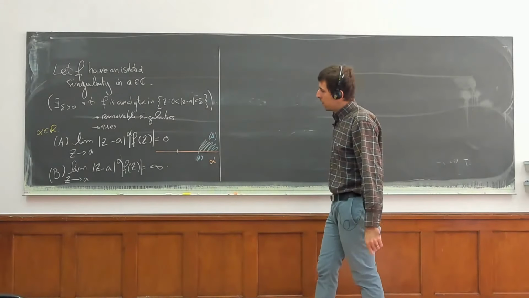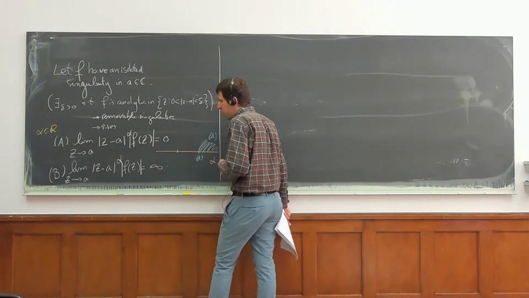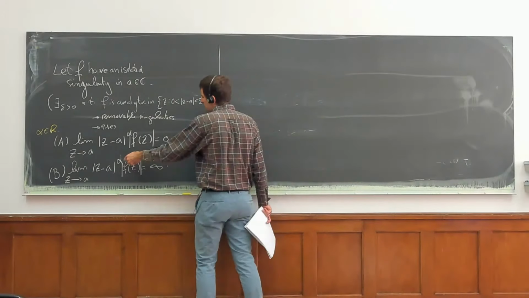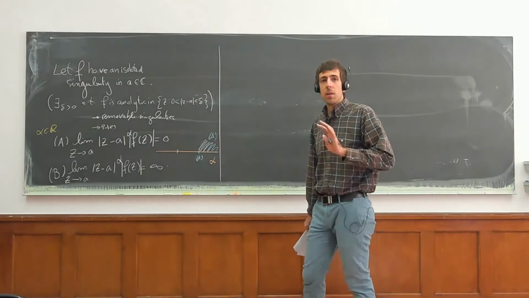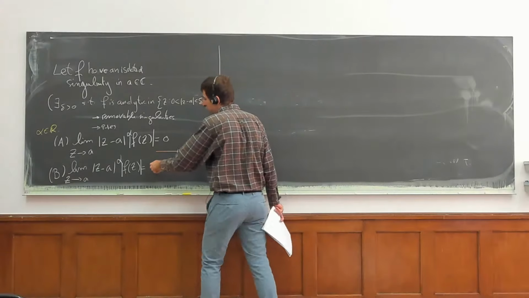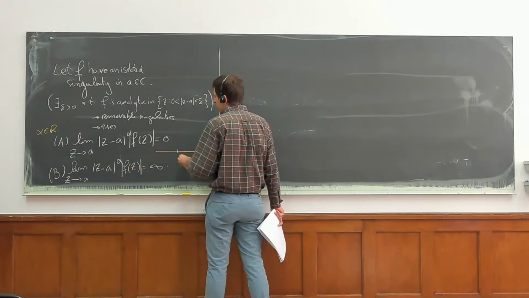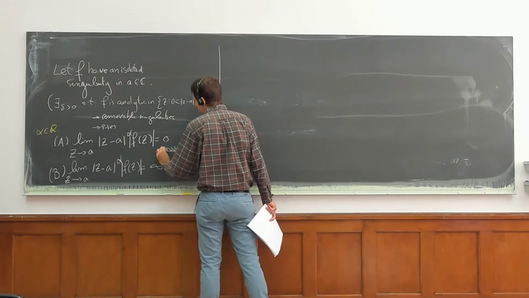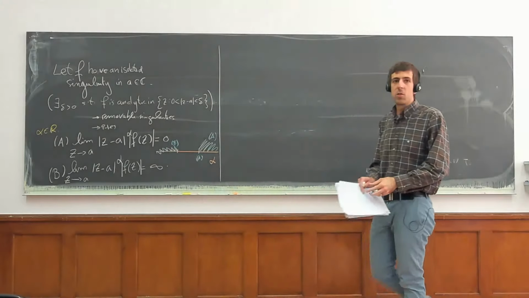B is exactly the opposite. If B is satisfied at some point, then if I make this power smaller or more negative, this still is infinity because I'm just dividing by bigger powers of z minus A. And so property B will be satisfied in a certain region.